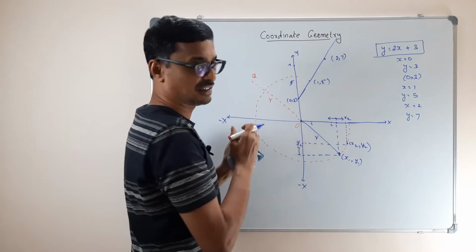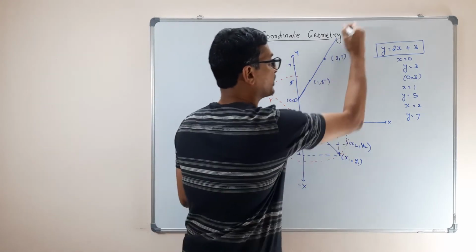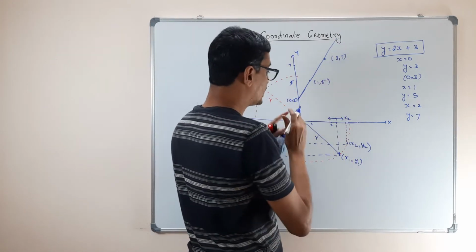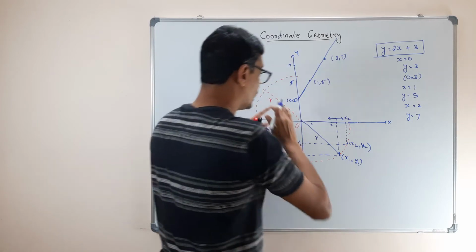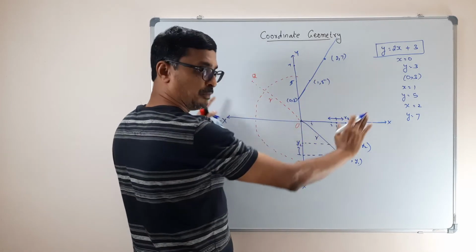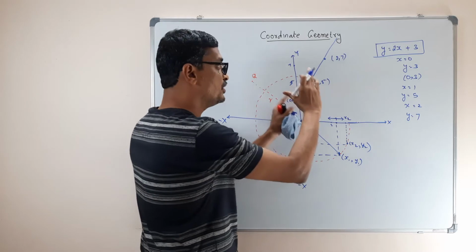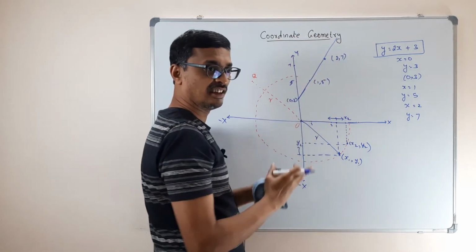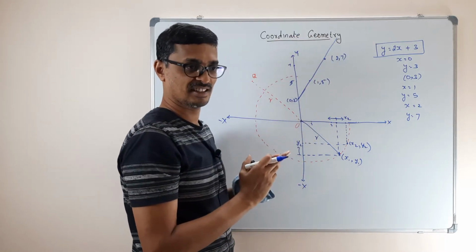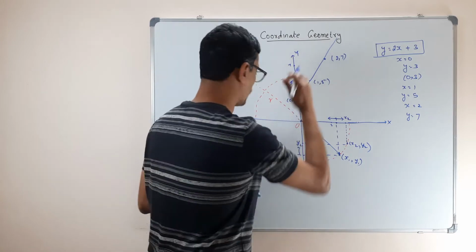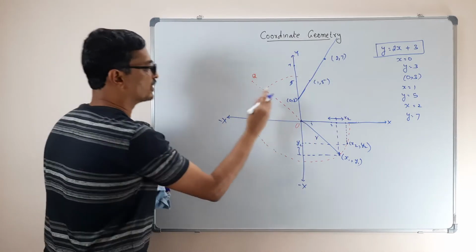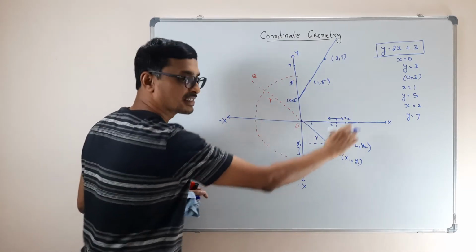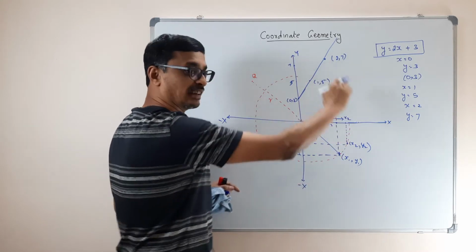So this set of points on the coordinate system, which satisfies a certain geometrical condition, is called a locus. You got it? This is the locus. So this circle is a locus. The points forming the circle are a locus.